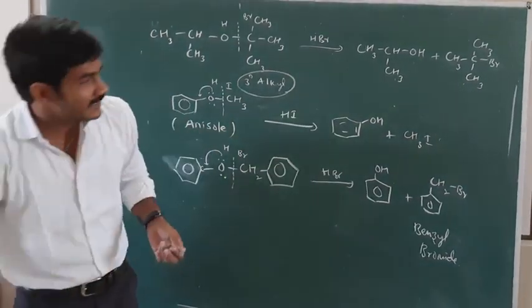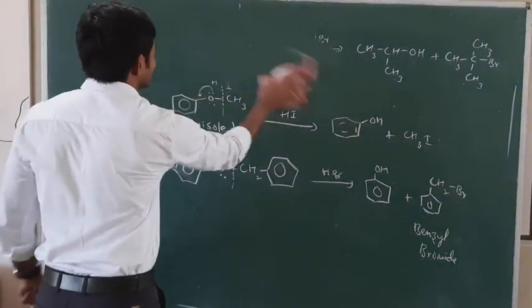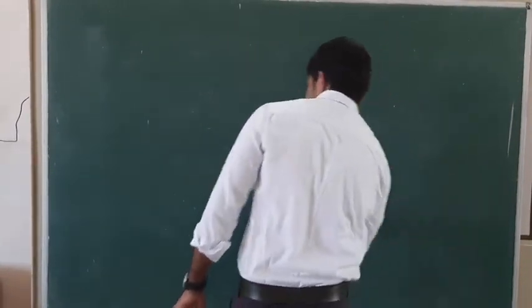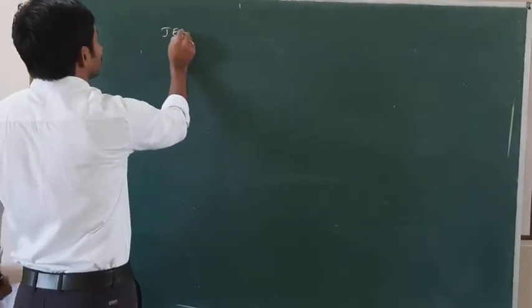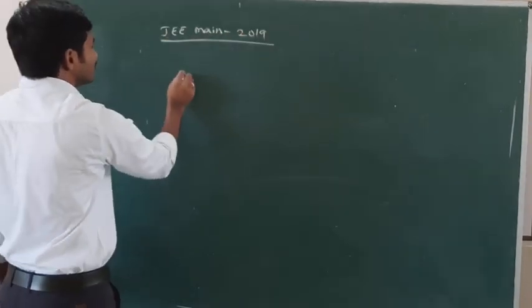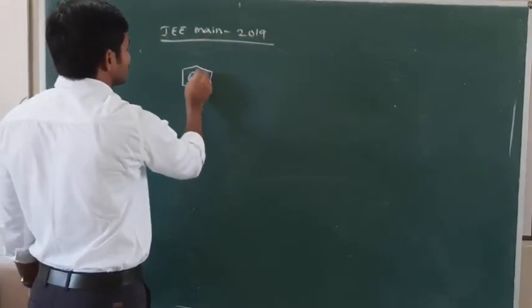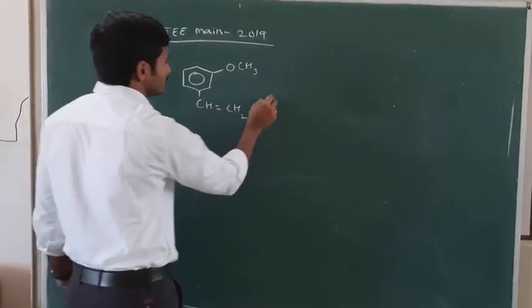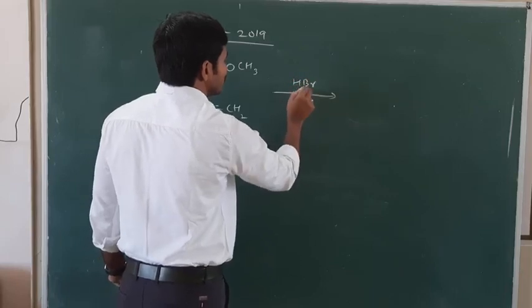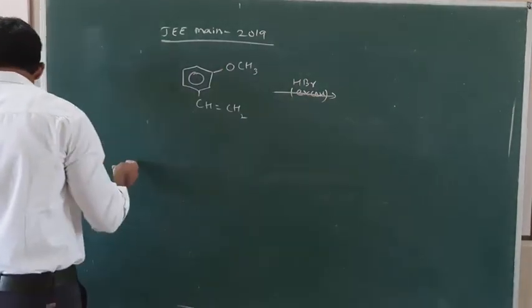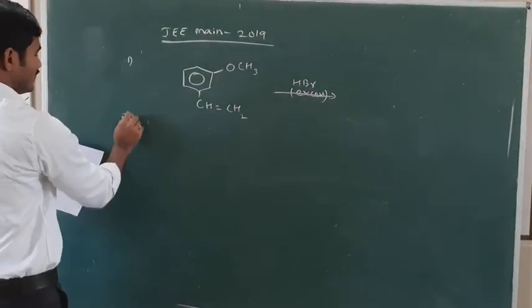Okay, so now based on this concept, we will solve some problems which were previously asked in JEE Main, NEET examinations and all. You see, one problem I write here, which was asked in JEE Main 2019. The reaction is anisole with a CH=CH2 group, with HBr excess. You try to write the product here. I'll give some other examples.